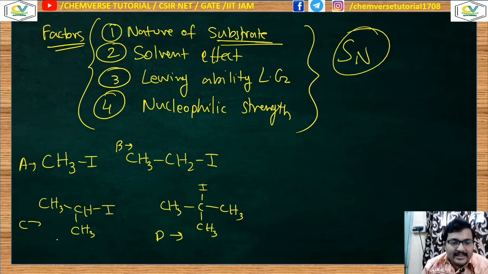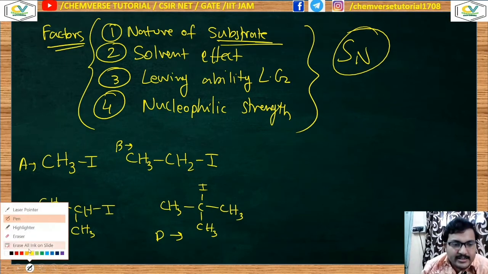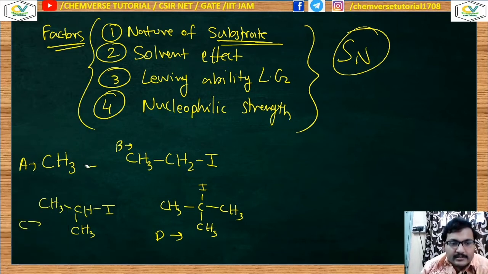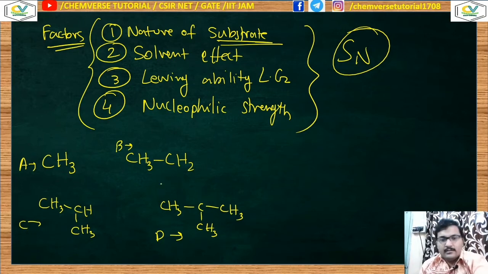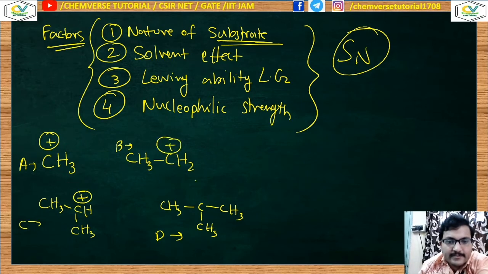If I think about what carbocation intermediates are forming here, just erase the leaving group iodide from this and write down the structure of the corresponding carbocation. There is the structure of the carbocation.